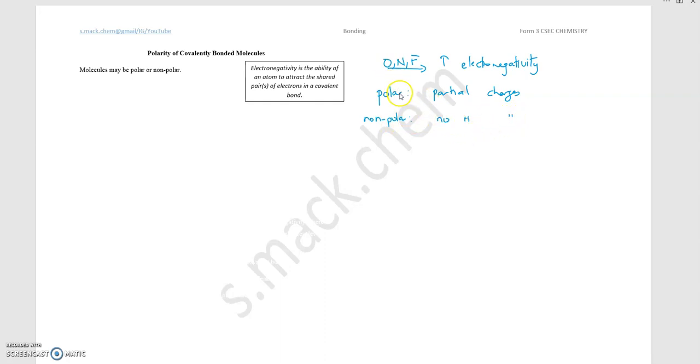The reason why I'm using the term partial charges is that if full charges were to exist in our molecule, that would mean it would be ionic. So there are no full charges in covalently bonded molecules. There may be the presence of partial charges, and that is if a bond is polar.